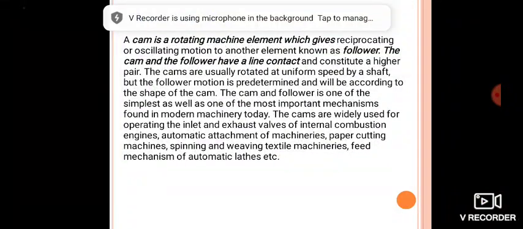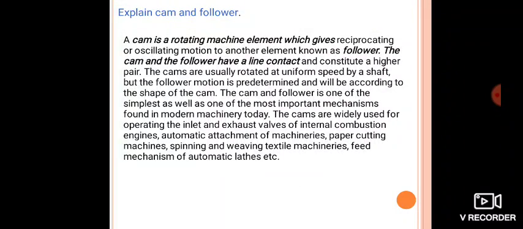The CAM and the follower is one of the simplest as well as one of the most important mechanisms in the modern machinery we are using today. These two parts are very important for performing useful work.